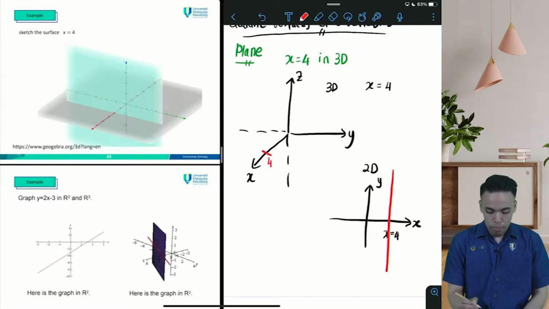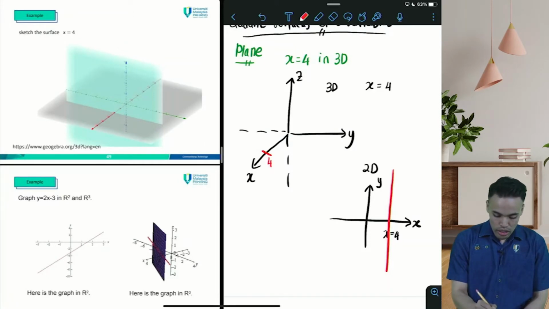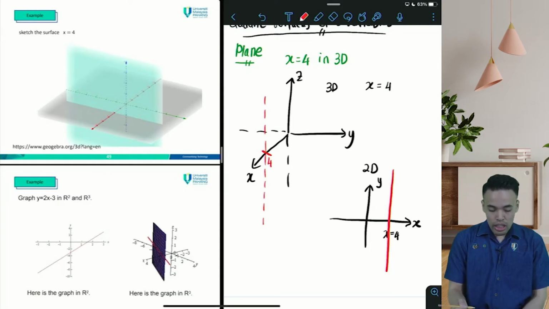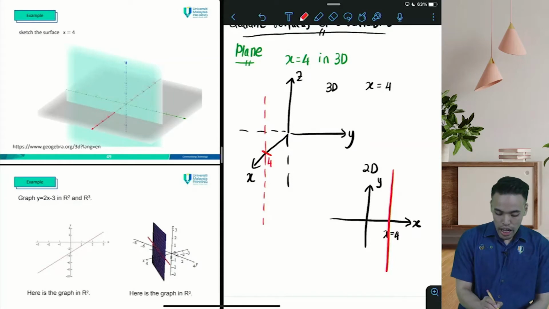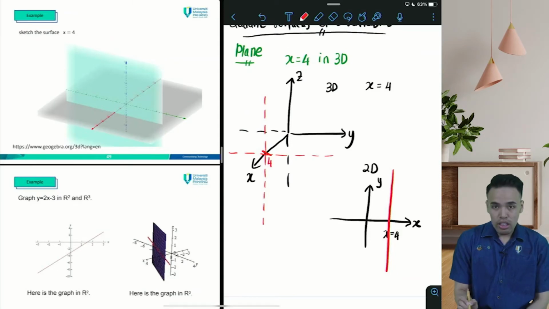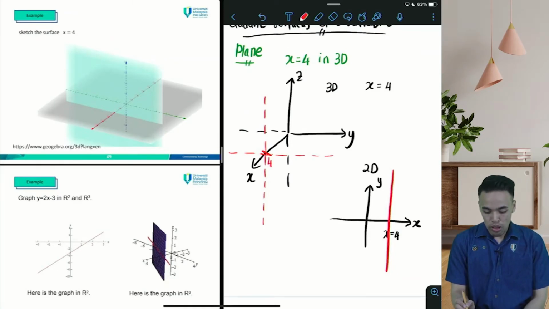So if this is x is equal to 4, you have to find the lines parallel to the missing variables. In this case, this dotted line represents a line that is parallel to variable z, and then I can have another dotted line, but this time the dotted line will be parallel to the missing variable y.